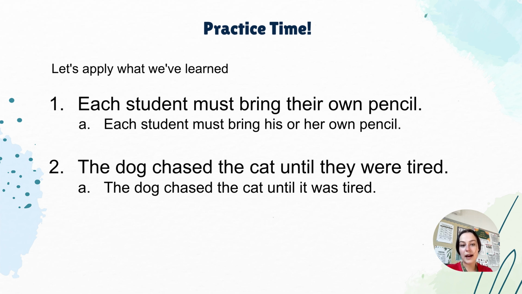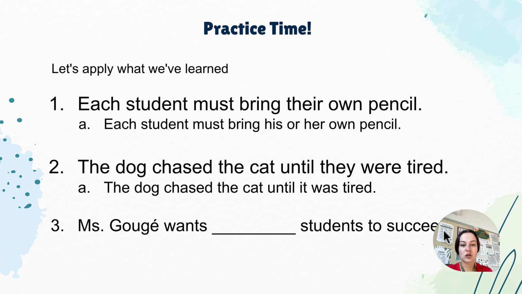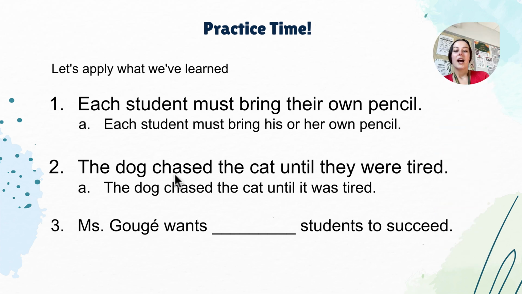Now, instead of revising, I want you to fill in this blank. What is the pronoun you're going to use with the antecedent? Miss Gouget wants blank students to succeed. If Miss Gouget is our antecedent, what pronoun can we put here so that it works?